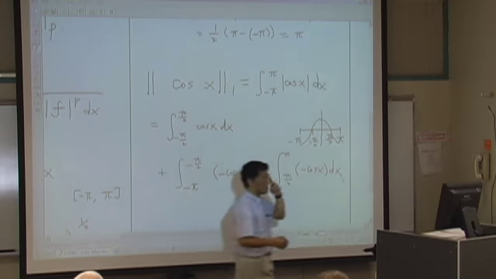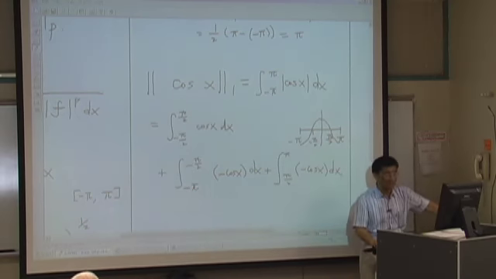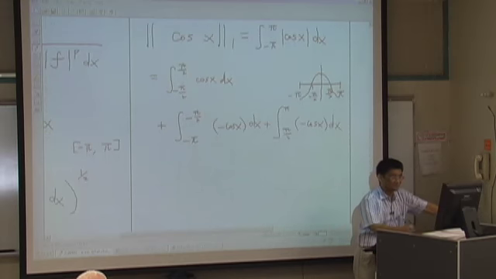So it's nothing but just integration. Let's finish it. If you integrate cosine, it is sine x. And if you integrate the negative cosine, it is negative sine x.